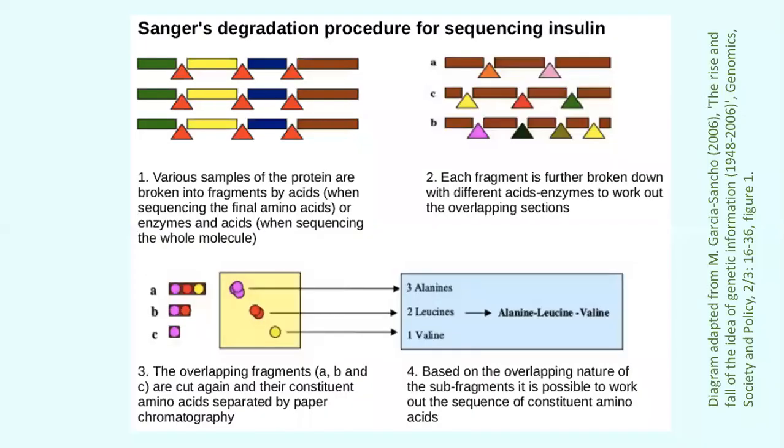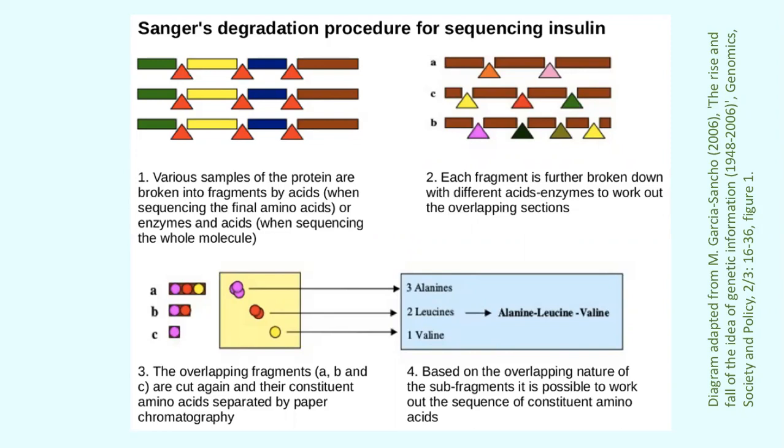So this is just Sanger's degradation procedure. We will not be speaking much about it; we will be focusing more on the Edman degradation process for today's lecture. But just to give you an overview, in Sanger's procedure for sequencing insulin, various samples of the protein were broken down into fragments by treating them with acids.